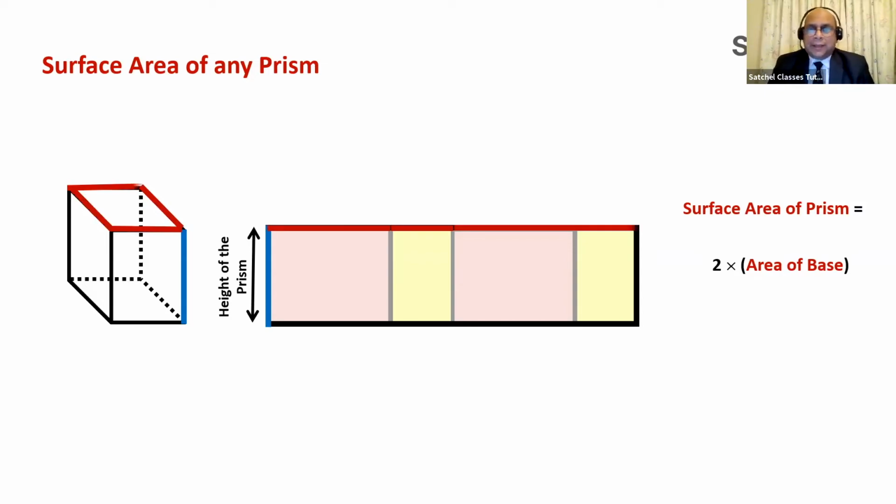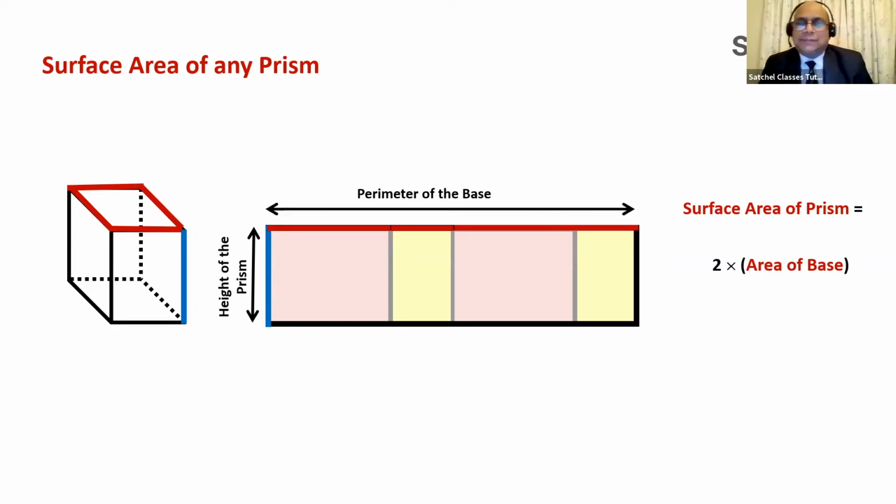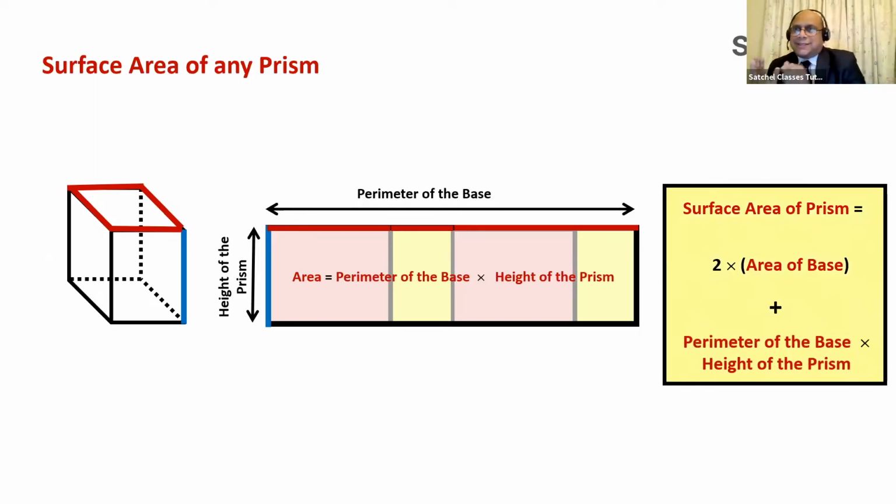Look, the length of that rectangle is the perimeter of the base of the prism, which means to find the area of all the walls, we need to multiply the height of the prism by the perimeter of the base, which means the surface area of the prism will finally be given by 2 times the area of the base, because there are two bases, one on top and one at the bottom. So twice area of the base plus the area of the walls, which is given by the height of the prism times the perimeter of the base.